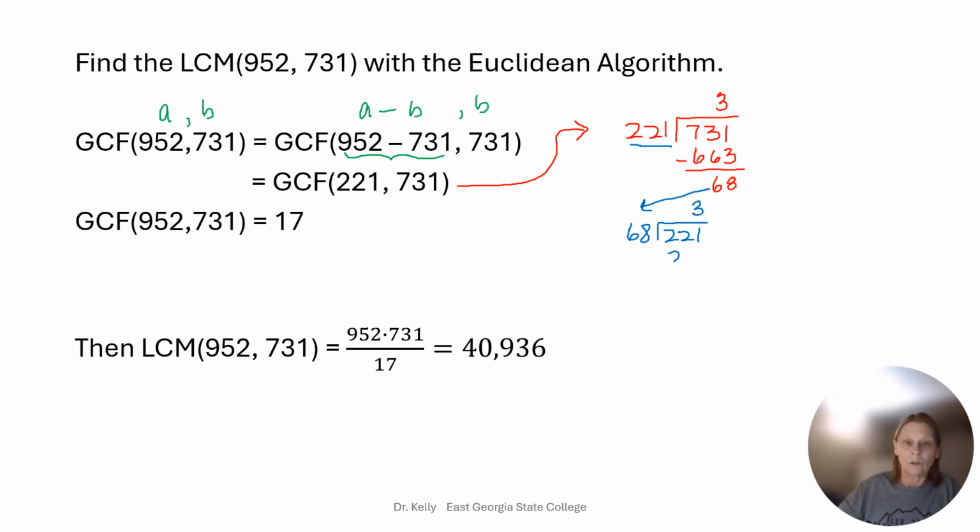That gives us 204. Make our subtraction here. That leaves us with 17. Now we've got another one here. We take our 17 and say 17 divides into 68. 17 goes into 68 4 times. 4 times 17 is 68, leaving us that sought after 0 remainder.